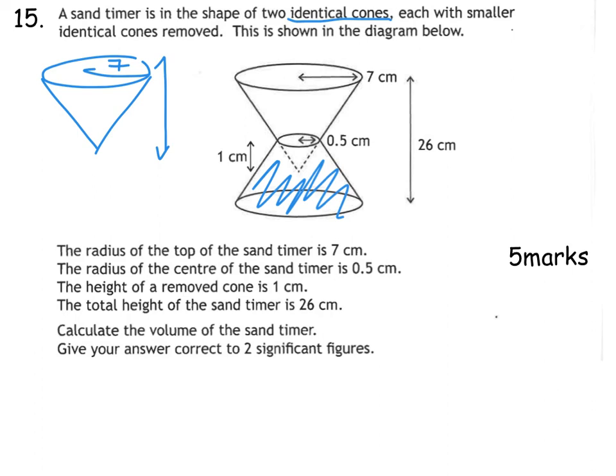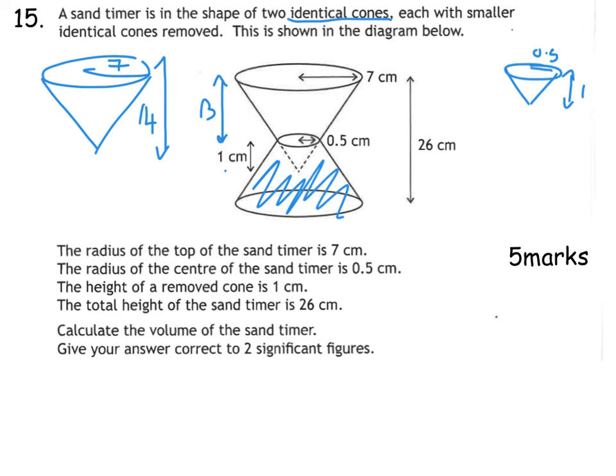Oh, right, so it would have been 13, so from here to here is 13, plus this extra one, so it would have a height of 14, so that's a big cone. And then what we've got at the bottom is a wee tiny cone with a height of 1 and a radius of 0.5. And then that's been subtracted. And then whatever that shape is, I've got 2 of them.